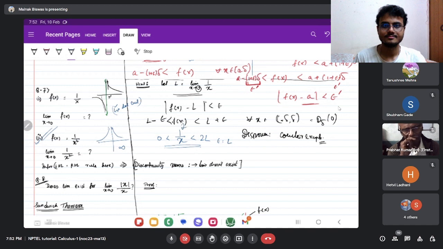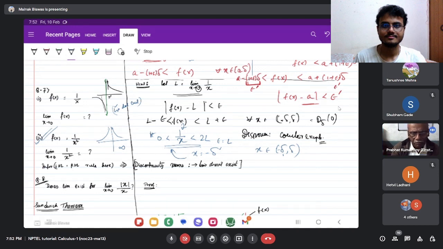So can you find a delta? This has to be true for all x from minus delta to delta. If you put x equal to minus delta prime, that is negative, does this hold? It does not hold, right? This equation does not hold for this.